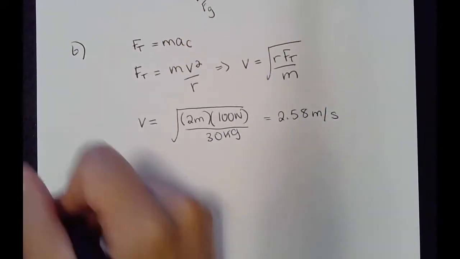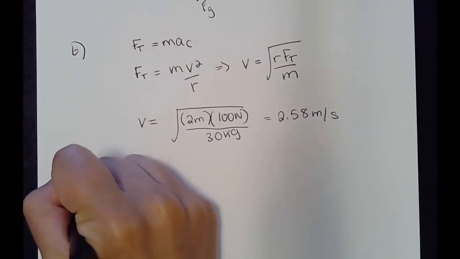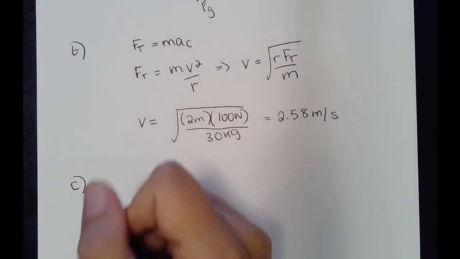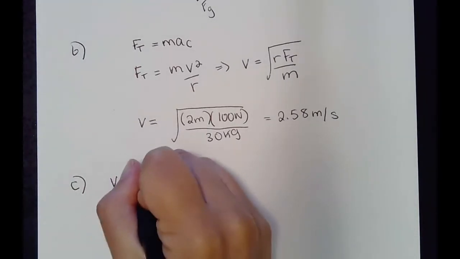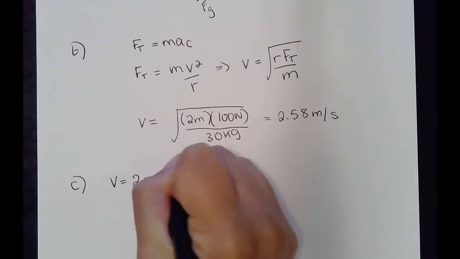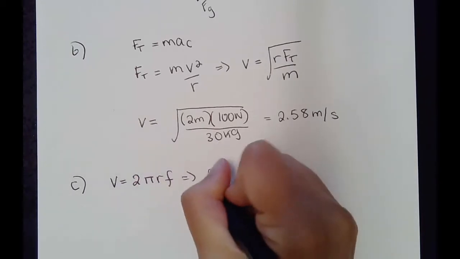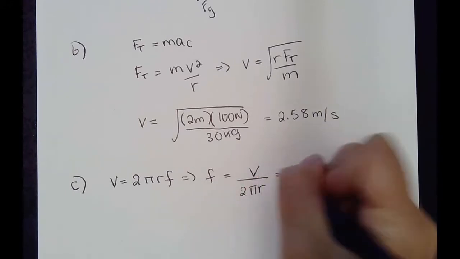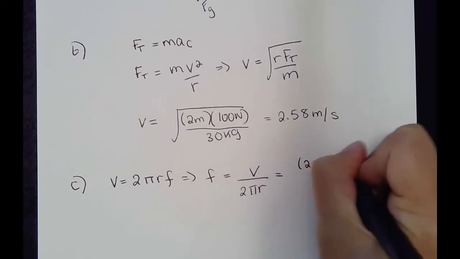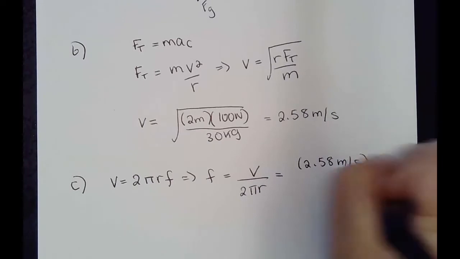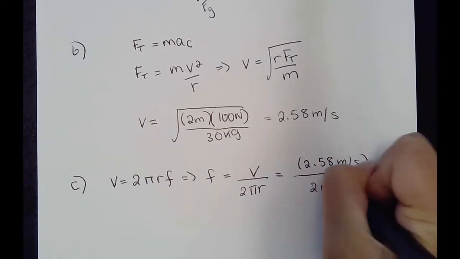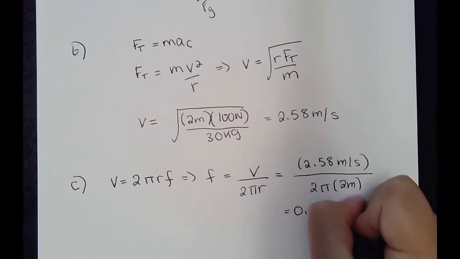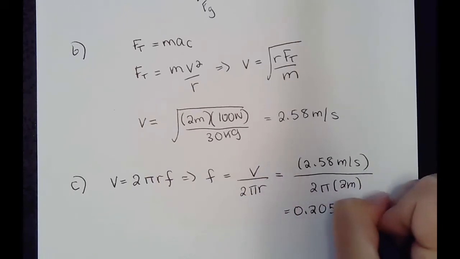All right, now for C. How many revolutions per minute does the boy make? So what is the frequency in RPM? We know that v equals 2 pi r f. So the frequency is v over 2 pi r, and this will give us hertz. So 2.58 meters per second over 2 pi times 2 meters is 0.205 hertz.